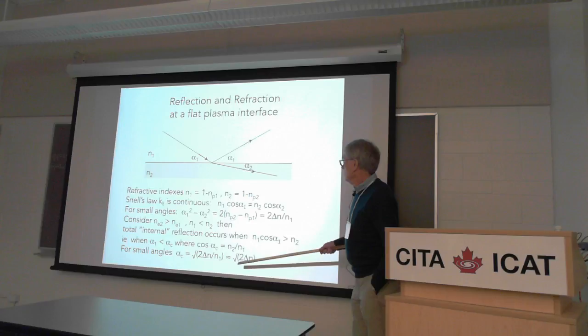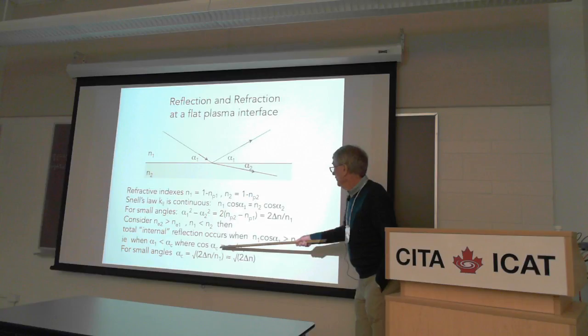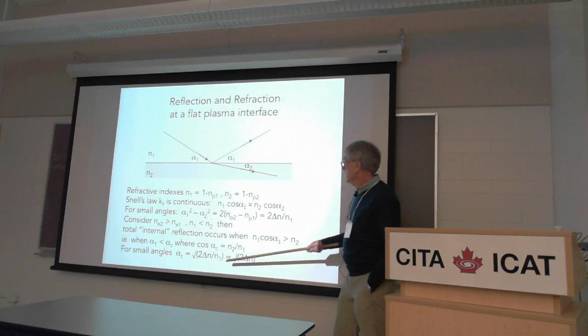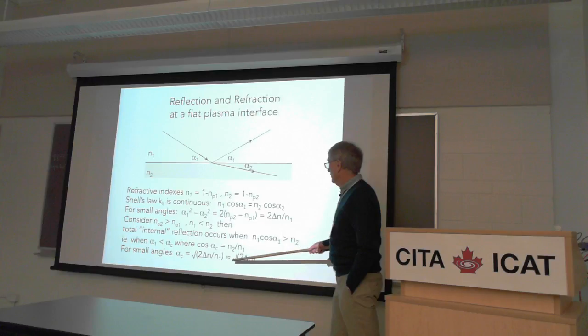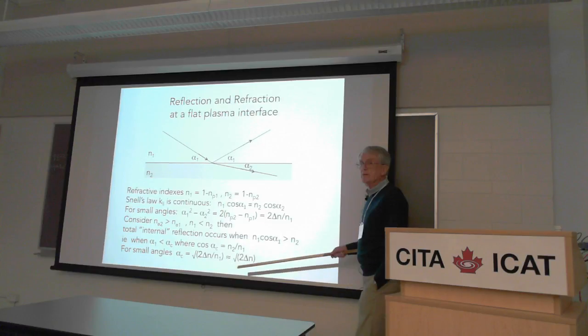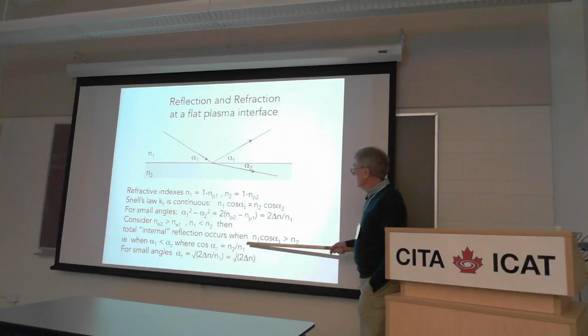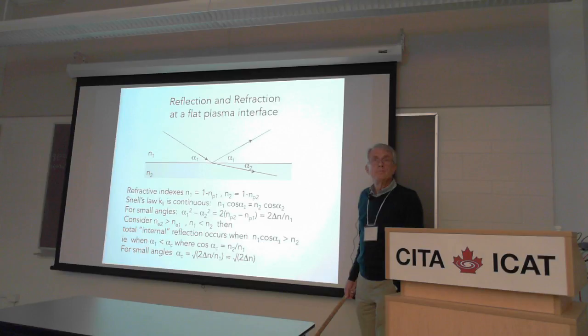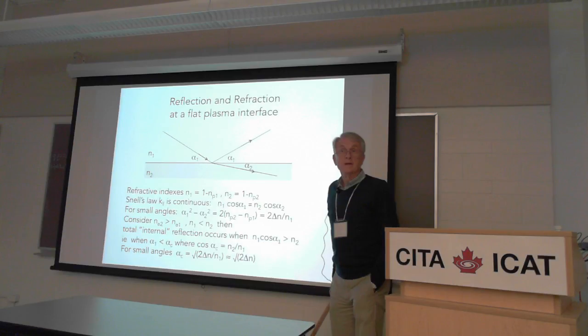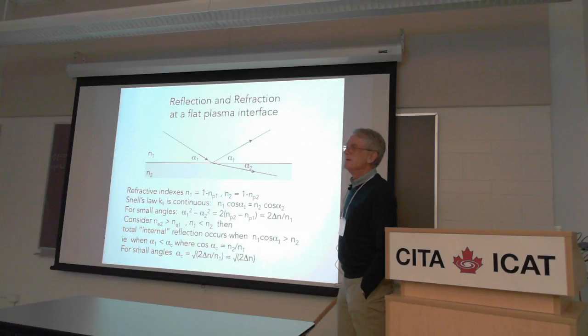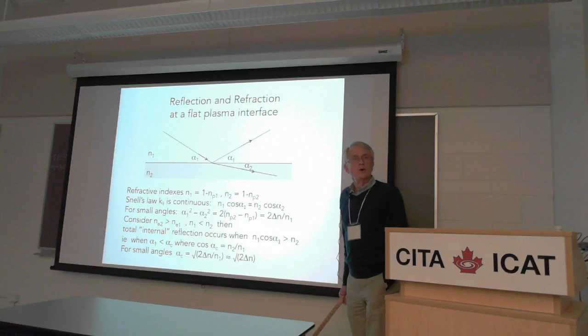We get cos alpha c is equal to the ratio of the two, and you push it through. It says the critical angle is the square root of 2 delta n. That, again, is the refractive index. Now, this delta n is a number less than 1. When you take a square root of a number less than 1, it gets bigger, right? The square root of 0.01 is 0.1.